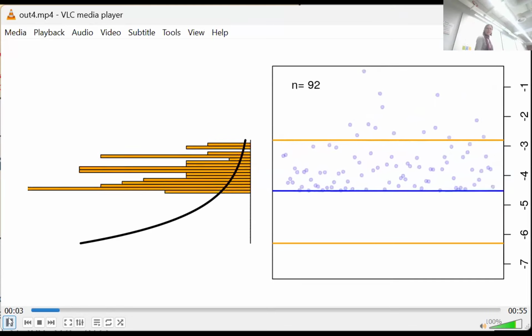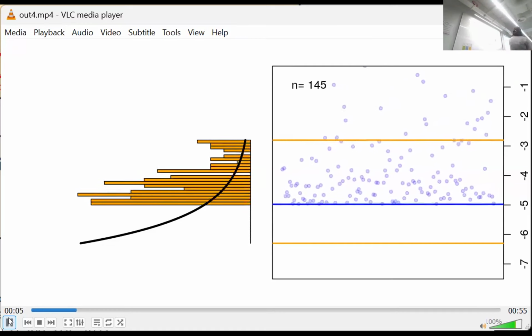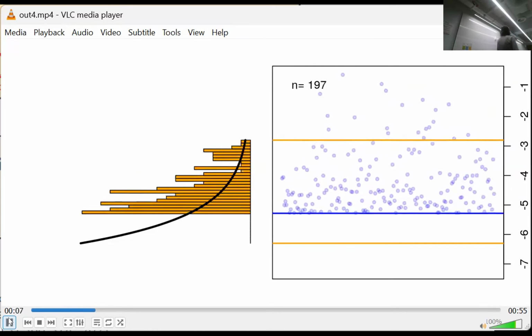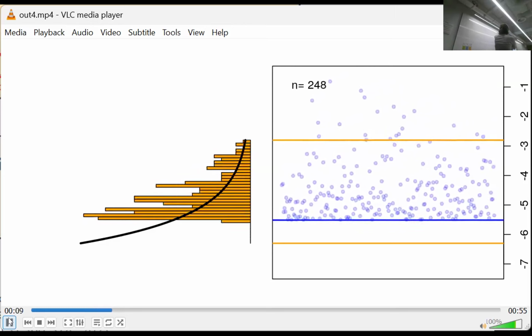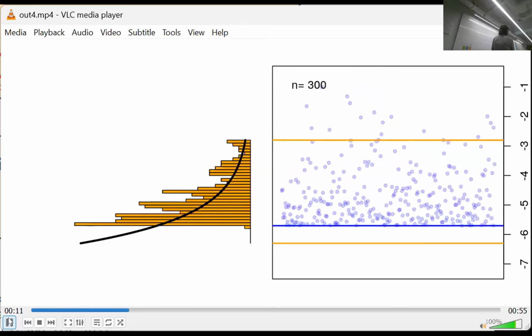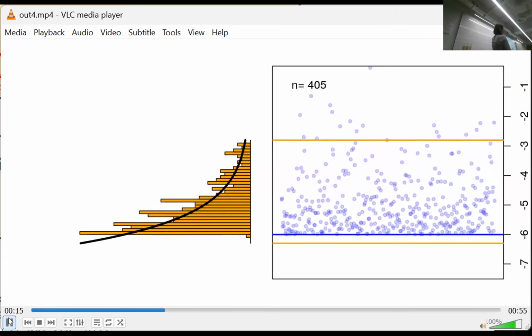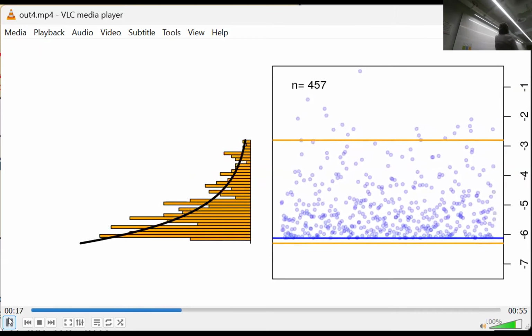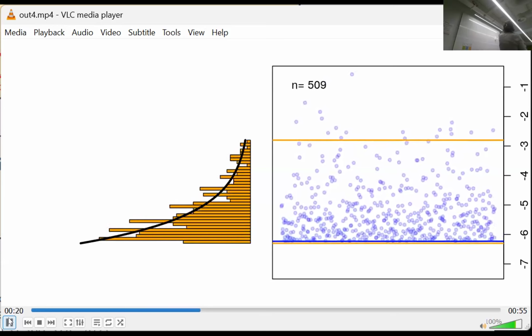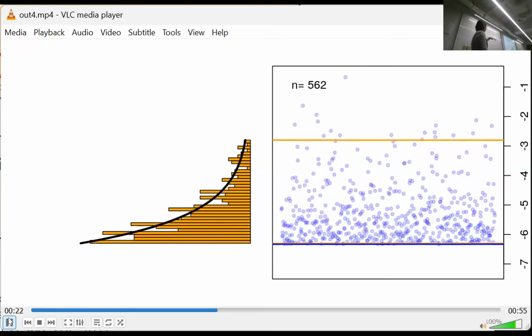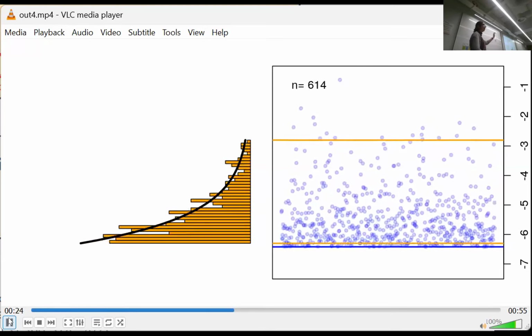Just wanted to show you what's behind this. As more and more data come in, the number of points in a certain interval are going to stabilize if you normalize correctly. At the same time, you also see that the distribution is stabilizing. This is just an example where I did that for an exponential distribution, but it applies to a wider range of settings.